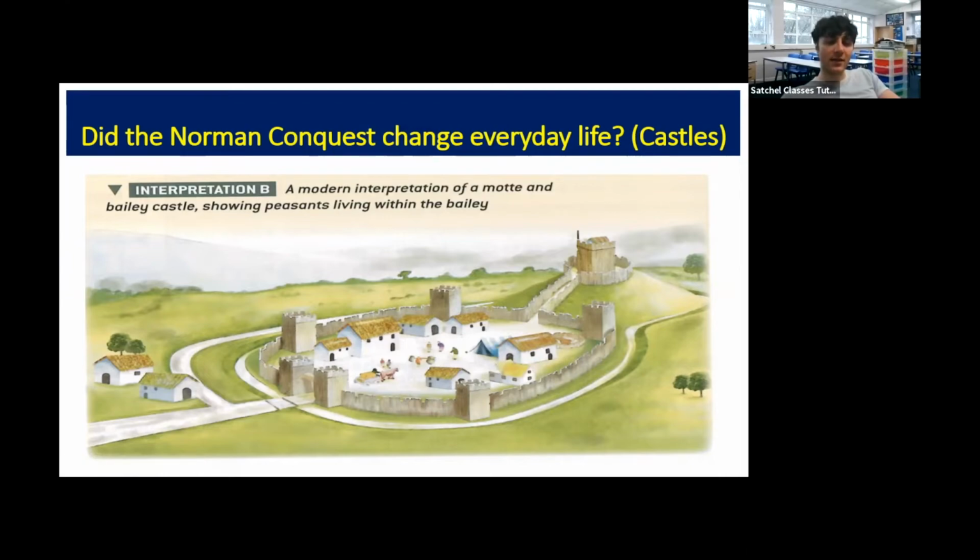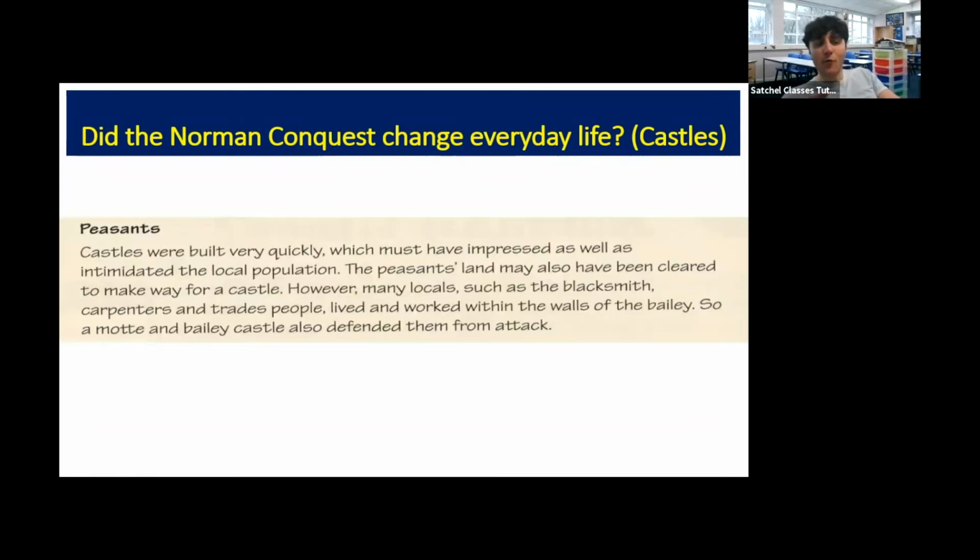So as well as it being intimidating, on the other, more positive side of things, it could offer you some genuine protection. However, back over onto the negatives, it was the case that in a lot of situations, the peasants' land and houses were destroyed to make way for the construction of the castle. So that, again, was a negative. So lots of different kind of impacts for the peasants there, some positive and some negative.